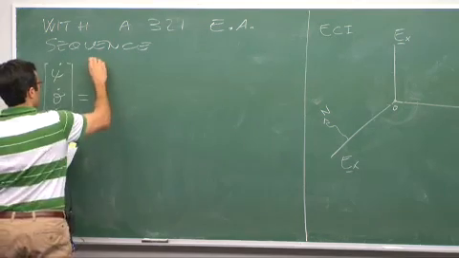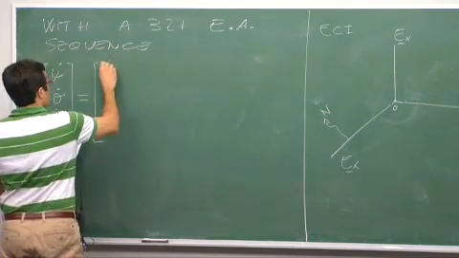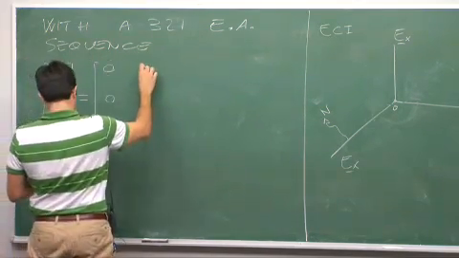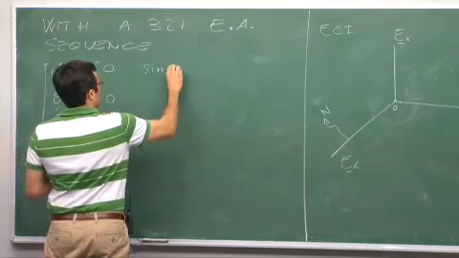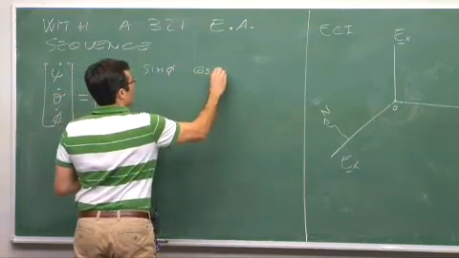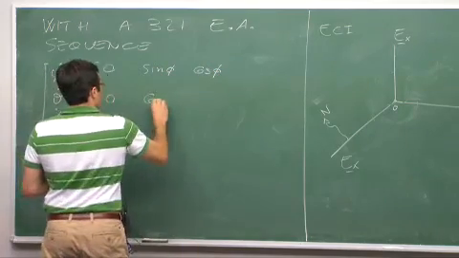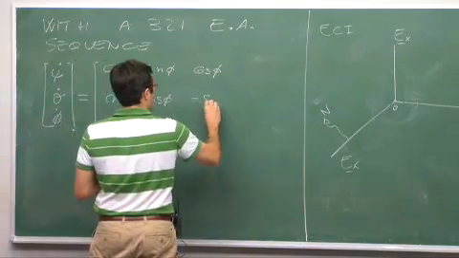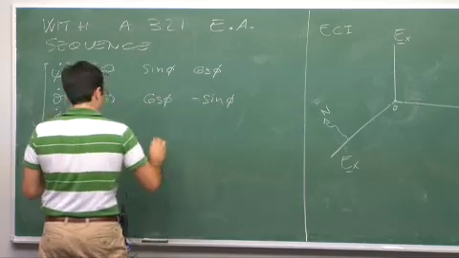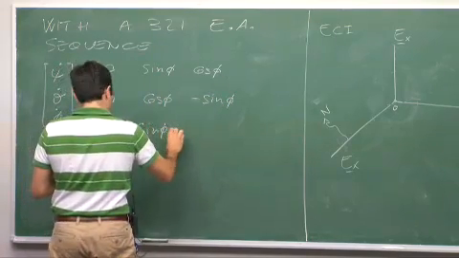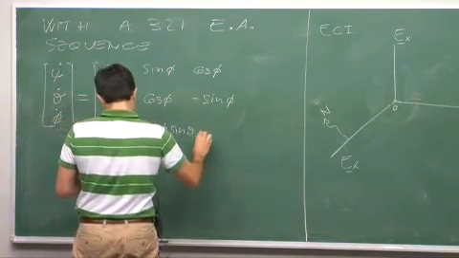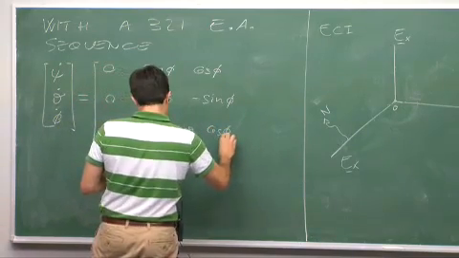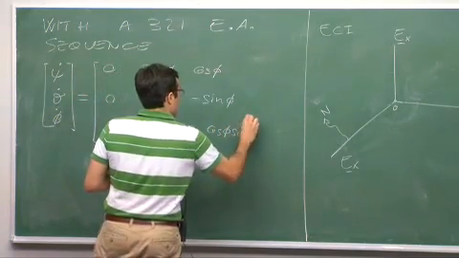They're equal to a matrix 0, 0, 1, sine of phi, cosine of phi, 0, cosine of phi, minus sine of phi, 0, and then I have sine of phi sine of theta, cos phi sine theta, cos theta.